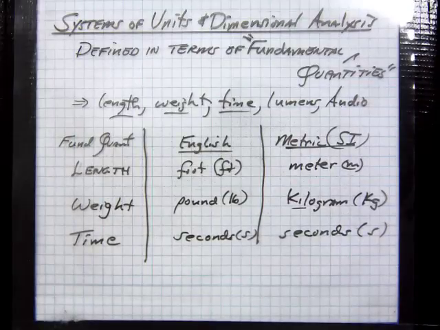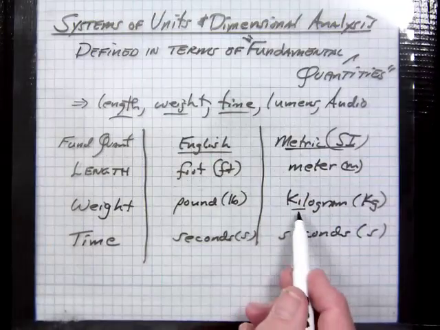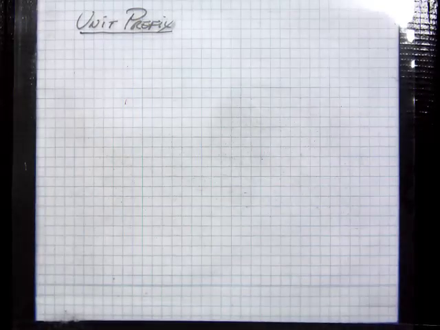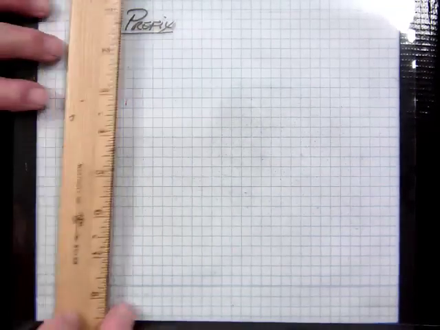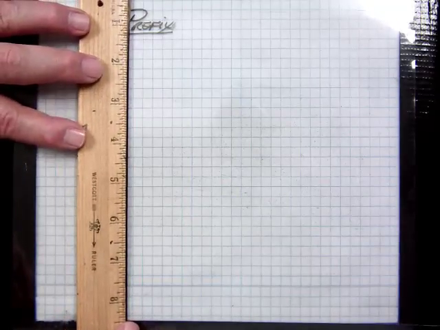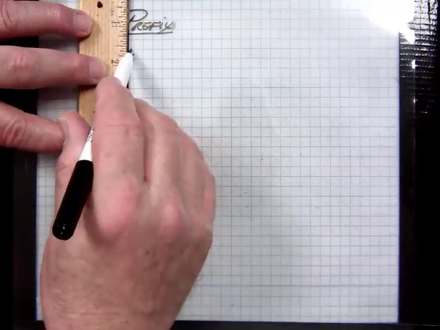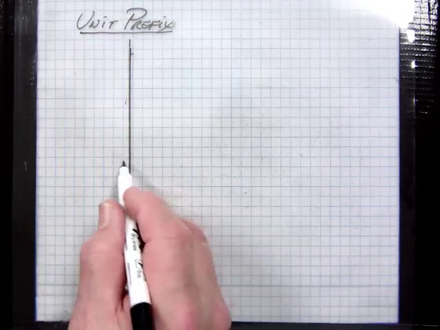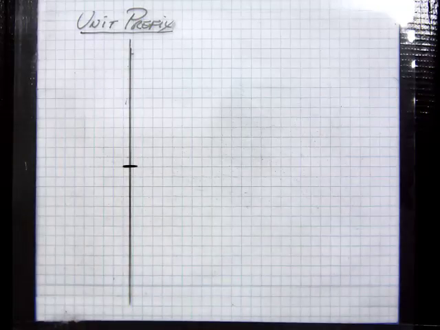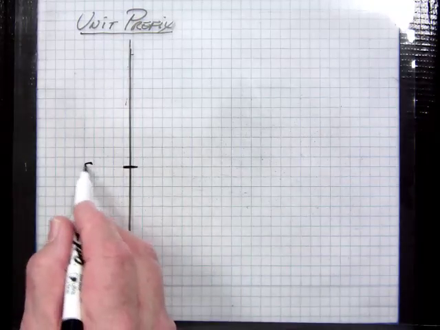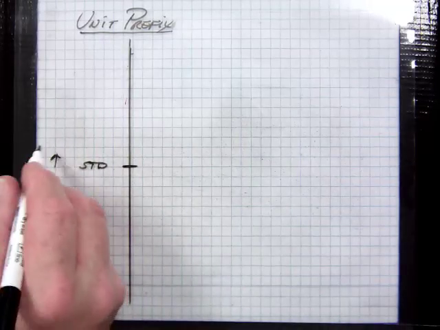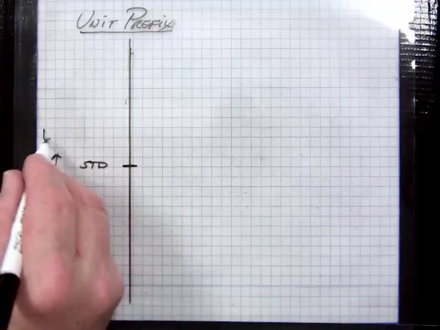Now, one thing that we need to take a quick note of are the prefixes that are used with these systems. What you need to do to see this in perspective, we're going to make a vertical line like this. And right in the middle of it, this is where our standard's going to be. From this point up are multiples of 10 or larger numbers.